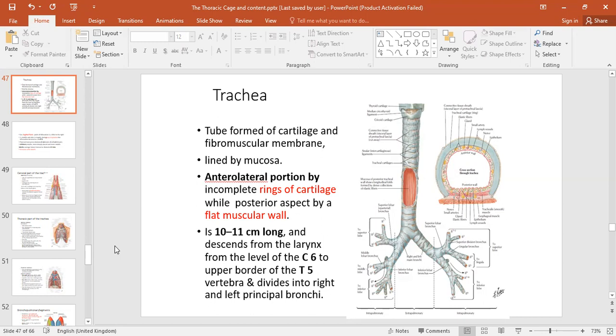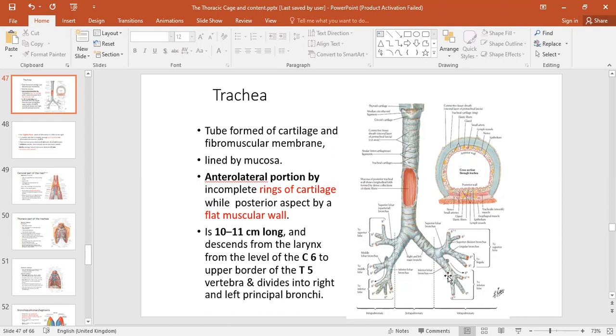So the moment the bronchus enters into the lung, it splits into 3 on the right and 2 on the left. We now call them secondary bronchus. So on the right lung, since there are 3 lobes, you're going to have 3 secondary bronchus: 1, 2, 3. These go to the superior lobe, middle lobe, and inferior lobe.